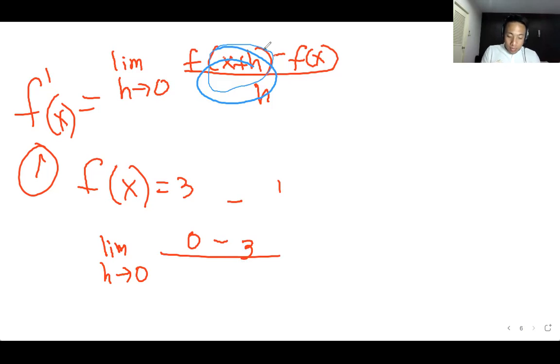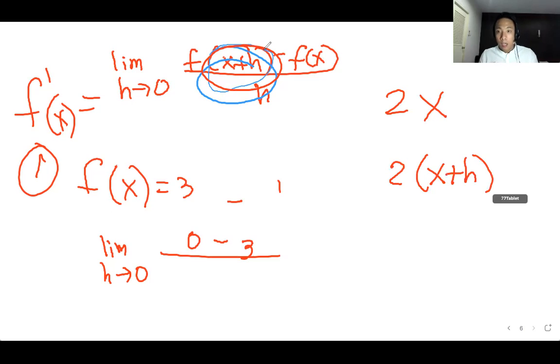Again, itong part na to, yung x plus h na yan, dapat meron tayong x. Okay, for example, if we have 2x, so instead of x lang yan, magiging 2x plus h. Kumbaga, it will change the value of x as x plus h. So lahat ng x's doon ay mapapalitan ng x plus h.